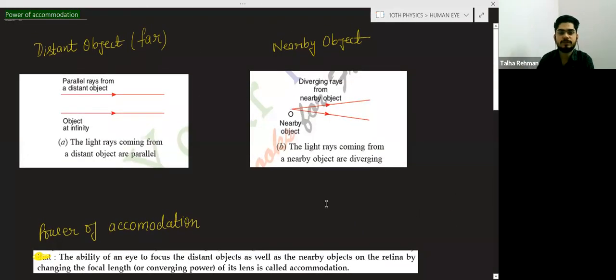Okay, note down this. All of you note down. Arfa, are you getting?